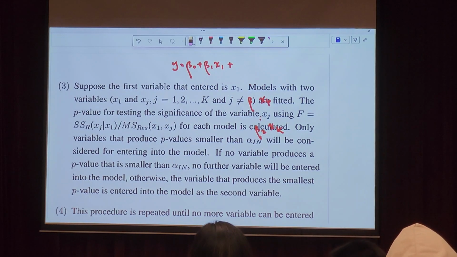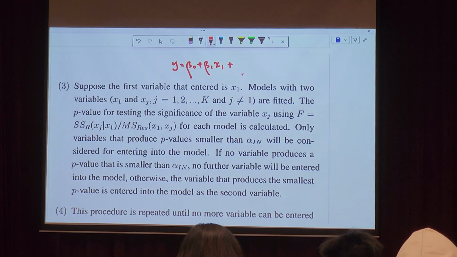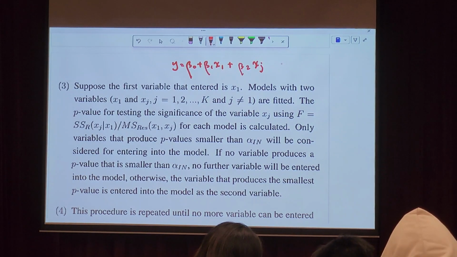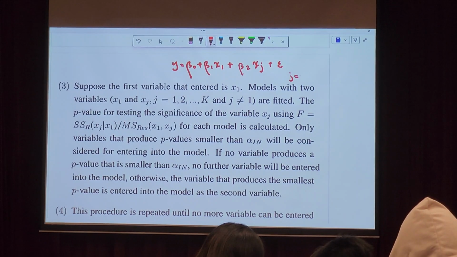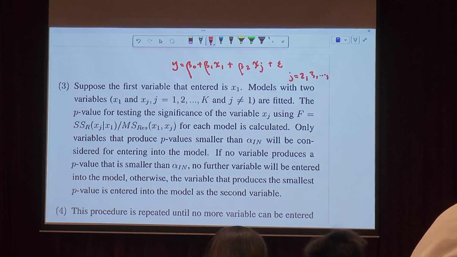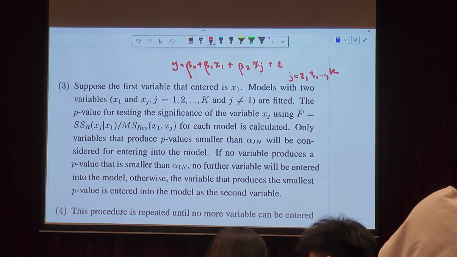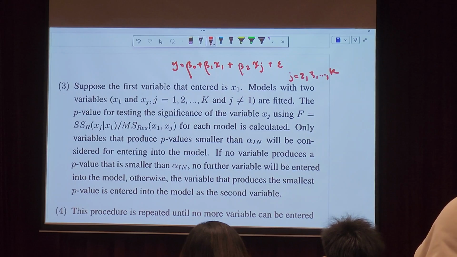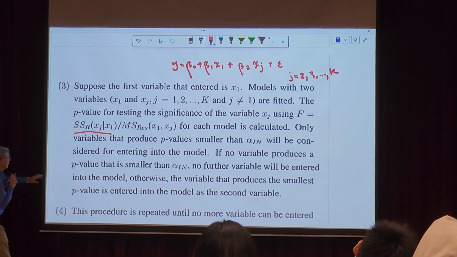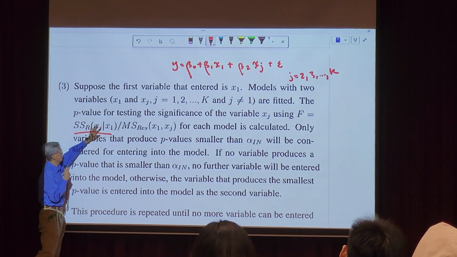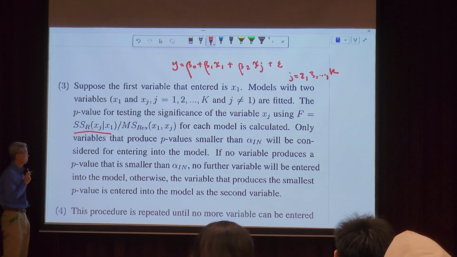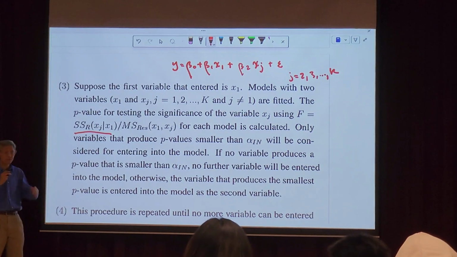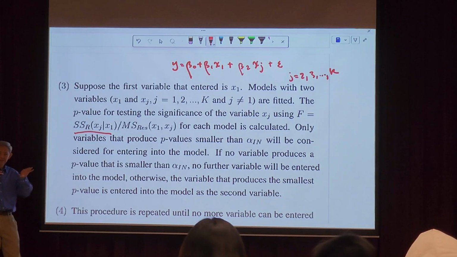So here, I'm going to consider beta 2 xj plus epsilon, where j is 2, 3, up to k. So I have k minus 1 models to consider. And I'm going to find the p-value based on the contribution of xj after I've included x1. All those models with p-value larger than alpha in will not be considered for entering into the model.